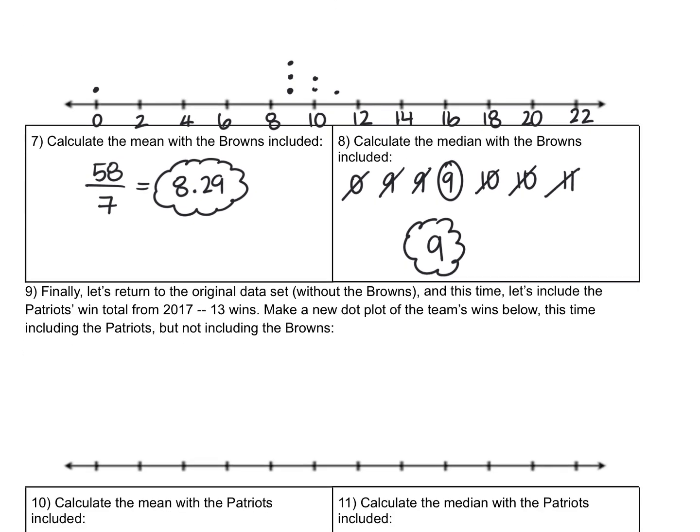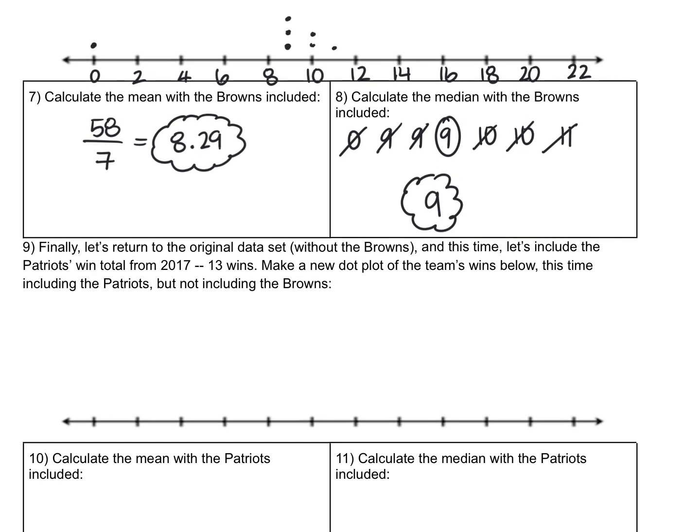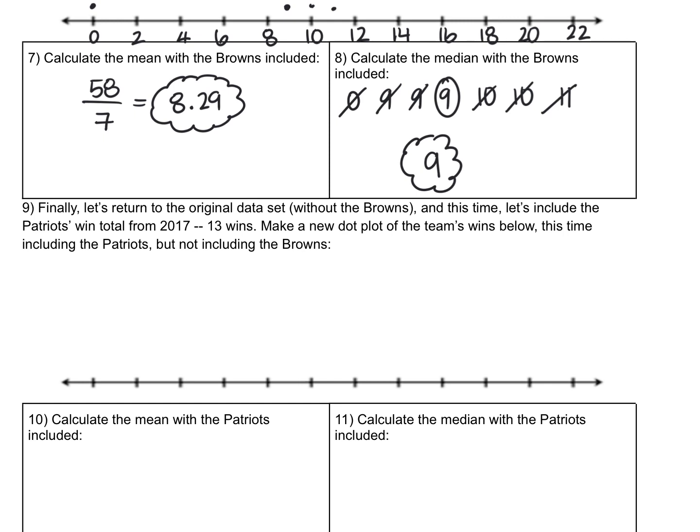Okay. Now we're going to go without the Browns, back to our original data set, and this time we're going to include the Patriots win total from 2017, which is 13. They won the Super Bowl that year. I'm going to do kind of the same thing as the first one: 8, 9, 10, 11, 12, 13, 14. So I still have my 3 9s, my 2 10s, my 11, but now I also have my 13.